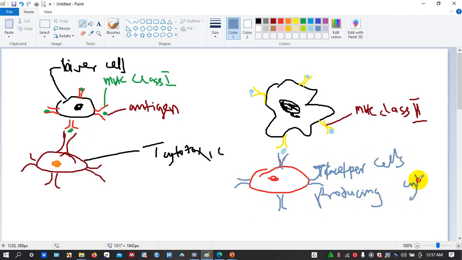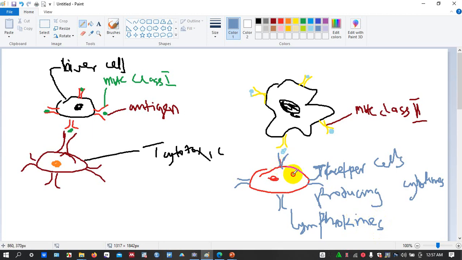So T helper cells will now produce cytokines. They also produce lymphokines. This one will destroy the parasite or the antigen.